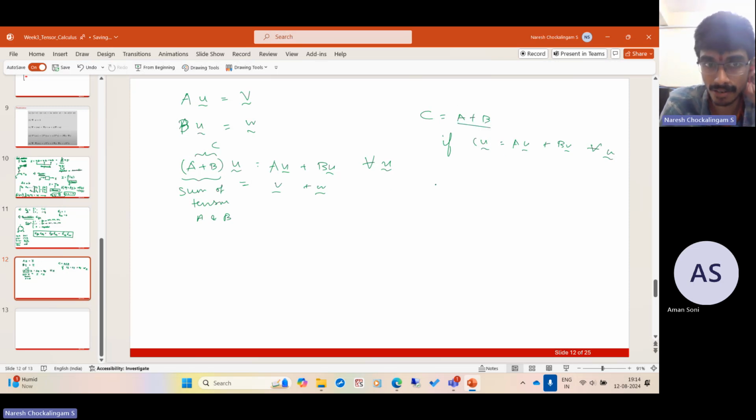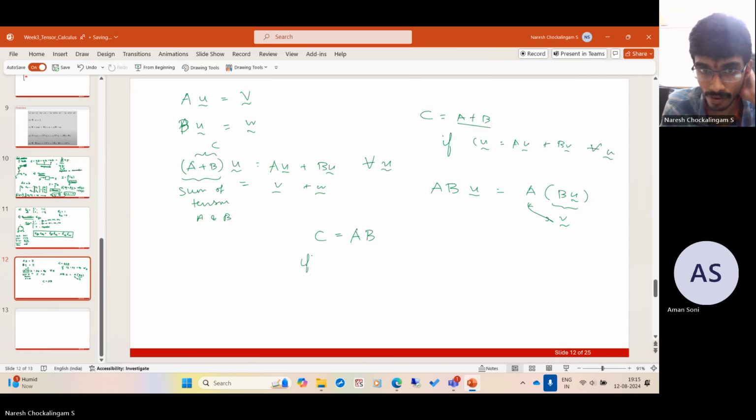We also define the product of two tensors. AB of U is nothing but A acting on BU. So this BU can be another vector V, and this is AV. So C is called the product of tensors A and B if for every U we have CU equal to AV, where V is equal to BU.